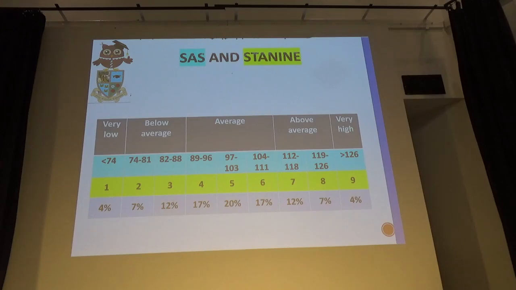So most children, most anybody, is in the average range. I think it's almost like 60% of people will be in the average range. Anything from 89 to 111 is exactly where the children should be for their age.